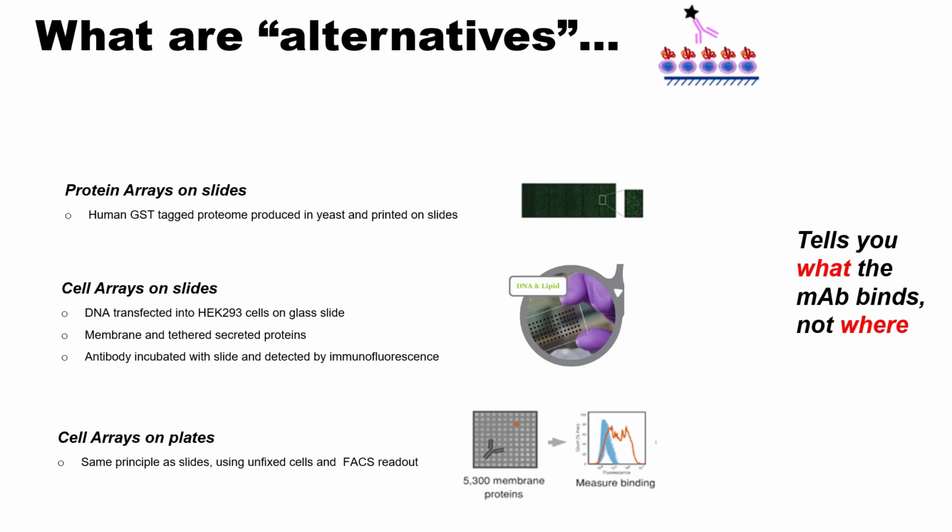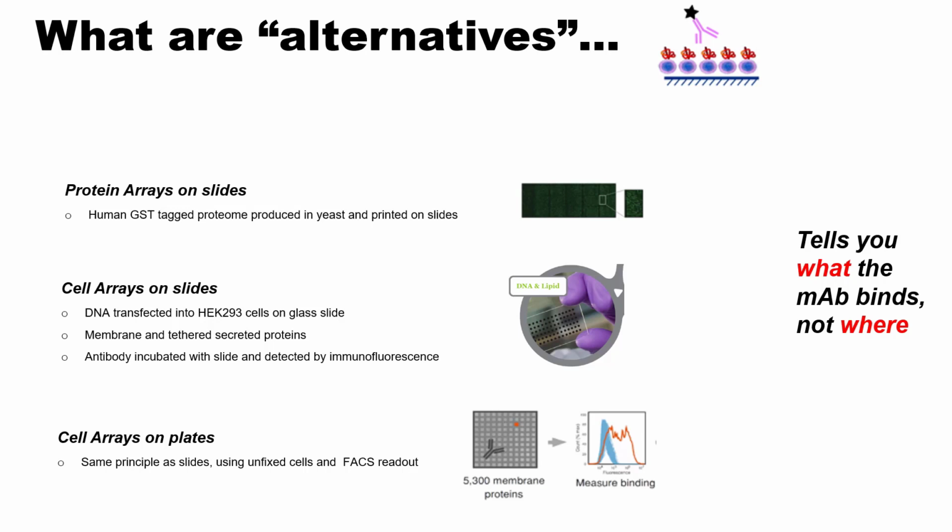More recently, this has allowed for the spotting of human GST-tagged proteins that are produced in yeast or bacteria onto these slides. And the coverage is fairly decent from a human membrane proteome or even intracellular proteins. This allows evaluation of the binding of the antibody against a fully folded protein.